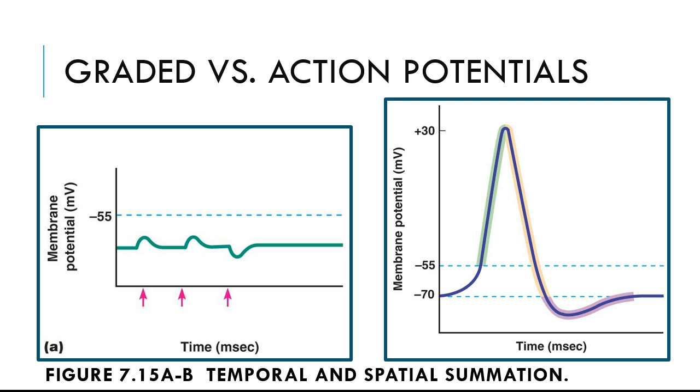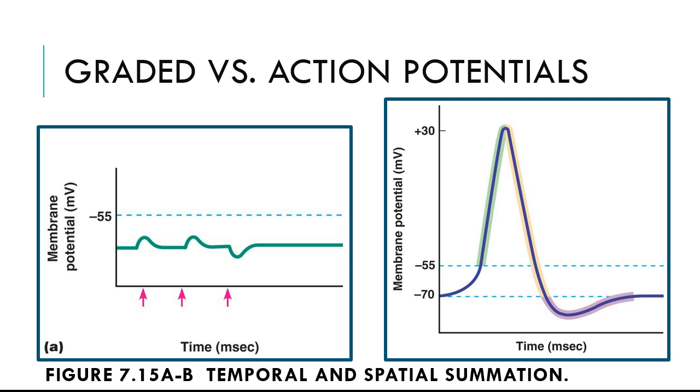If the cell generates a graded depolarization, is it going to generate an action potential magically? Spontaneously? No. Why not? Because the cell hasn't met its threshold voltage. Just because the cell depolarized doesn't imply that it has met its threshold voltage.